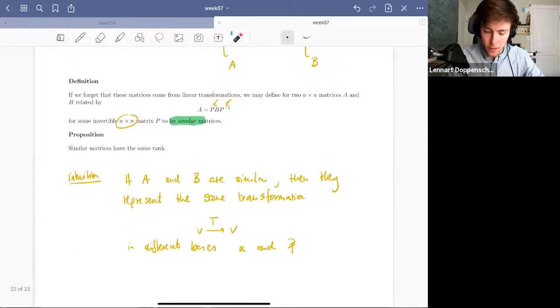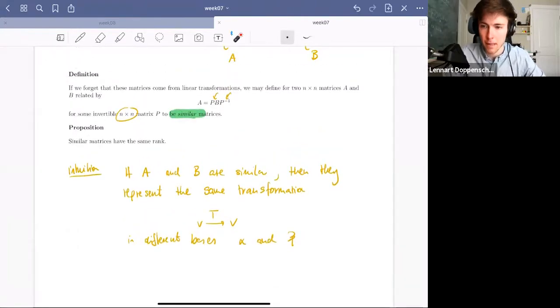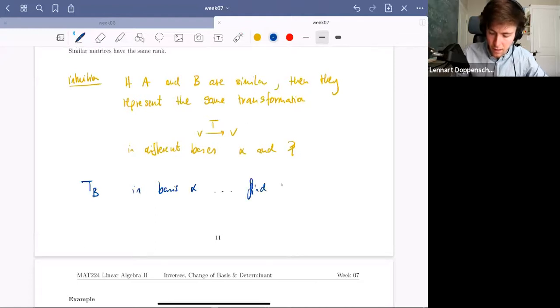So to prove this, you could just create any basis alpha, and then you can get a transformation T sub B, and then you have to find a new basis beta in exactly the way such that P will be the change of basis matrix.